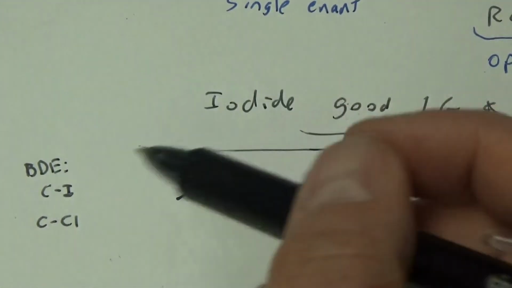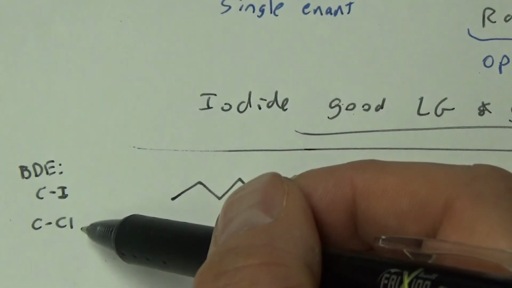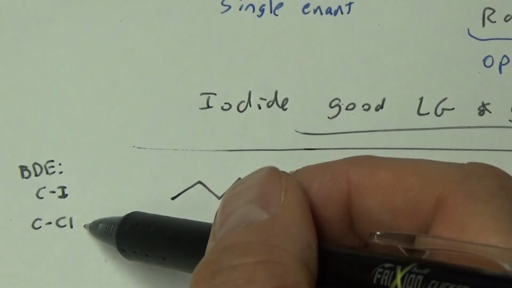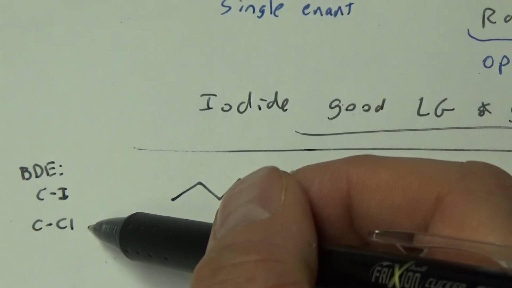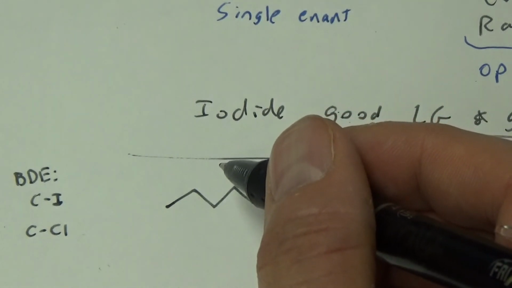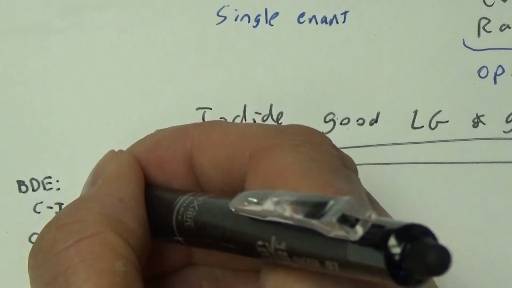Do you remember which one is the stronger bond? Well, iodine is lower on the periodic table, so it's got the mismatched orbital problem. Chlorine's higher on the periodic table, so it's closer to carbon. But interestingly, well actually not too interestingly, I think it's pretty obvious, iodide's a weaker bond.